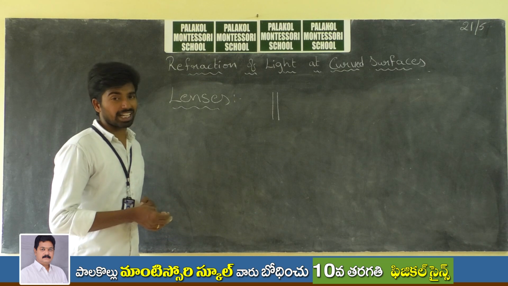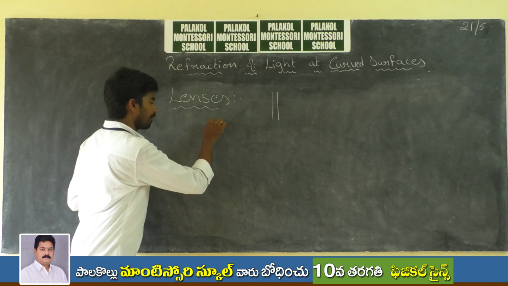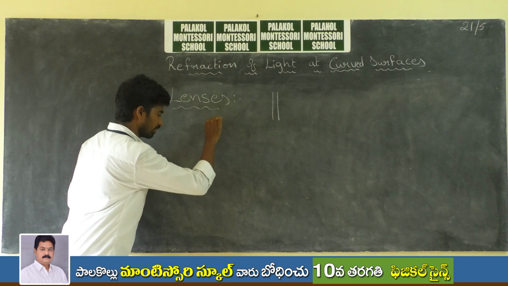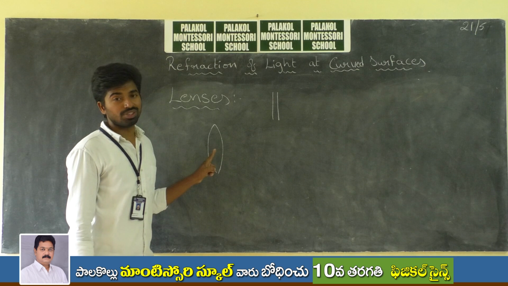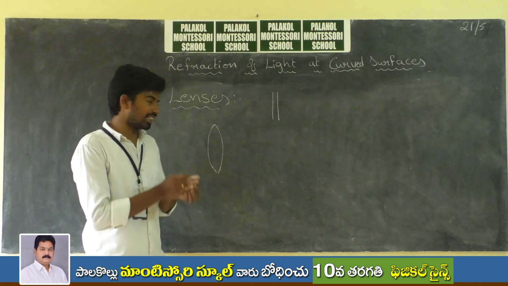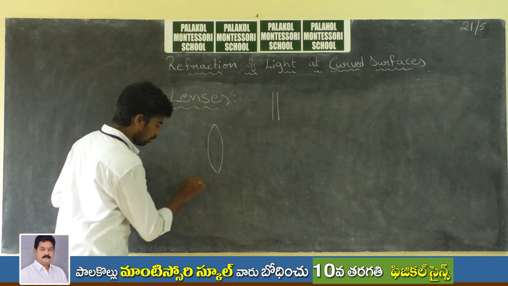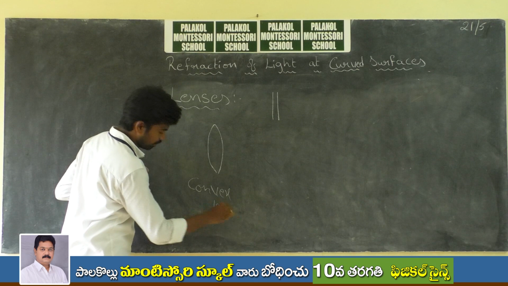So, what are the different types of lenses? The lens which has bulging curves is called a convex lens.